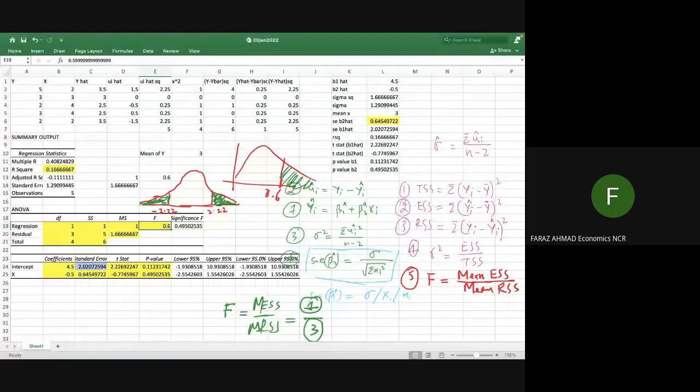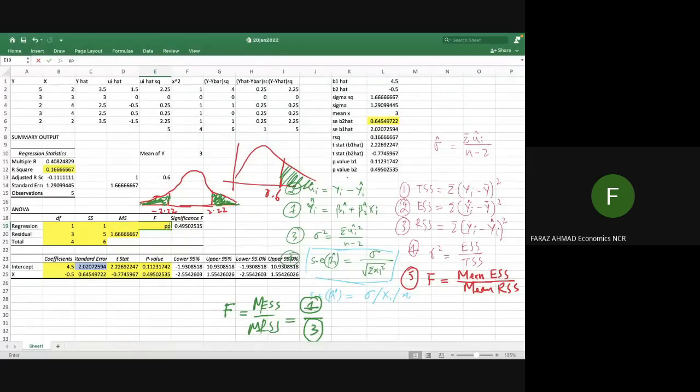But we will see the table later. Right now, I'll be using Excel to calculate this p-value. So the p-value of the F statistic: you can use FDIST and put the F statistic as the first argument, which is 0.6.